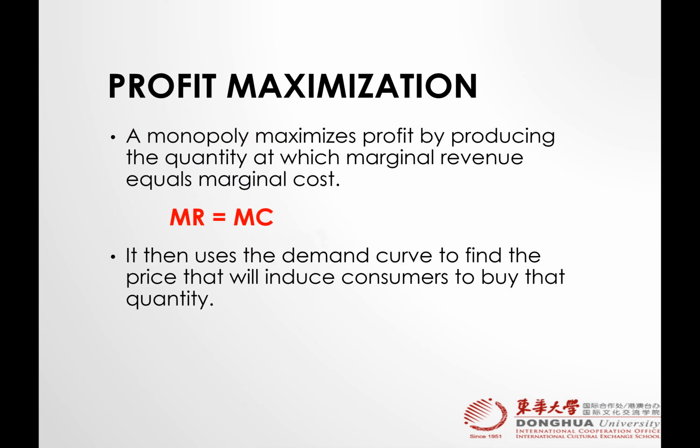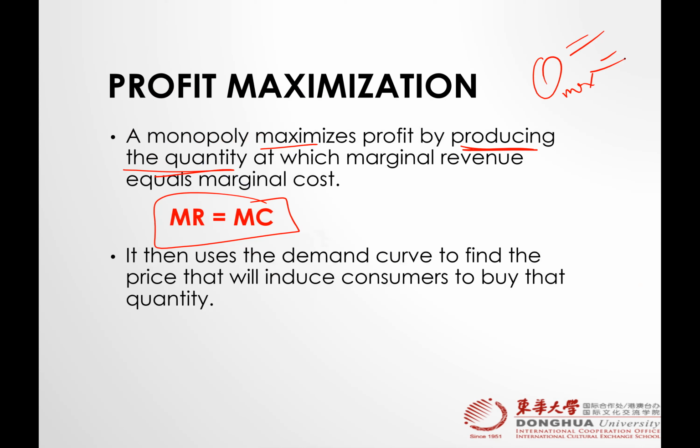So let's talk about the monopoly, how we can find out Qmax, right? I hope you understand why I'm talking about Qmax. So the profit maximizing quantity, in every market, is going to be where MC is equal to MR, or MR is equal to MC. So a monopolist maximizes its profit by producing the quantity Qmax, at which marginal revenue equals marginal cost, right?